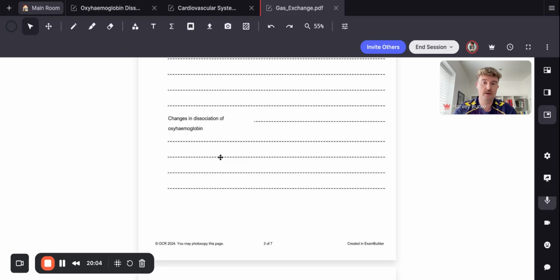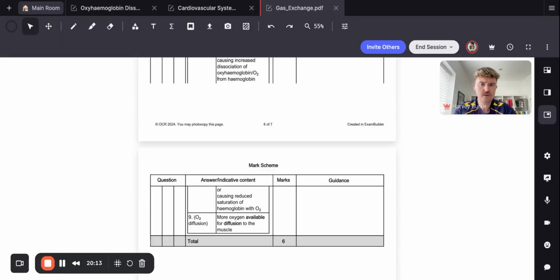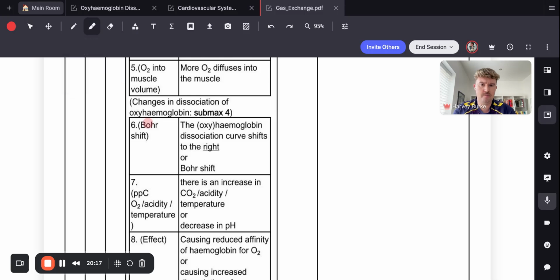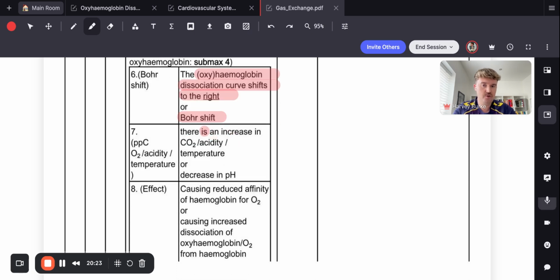Assume it's a 3-marker. Let's say they're asking you to assess the changes in the dissociation of oxyhemoglobin during exercise. So let's have a look at the mark scheme there. So you get 1 mark for acknowledging the Bohr shift, and that it's when the oxyhemoglobin dissociation curve shifts to the right. It happens due to an increase in CO2, lactic acid, or body temperature.